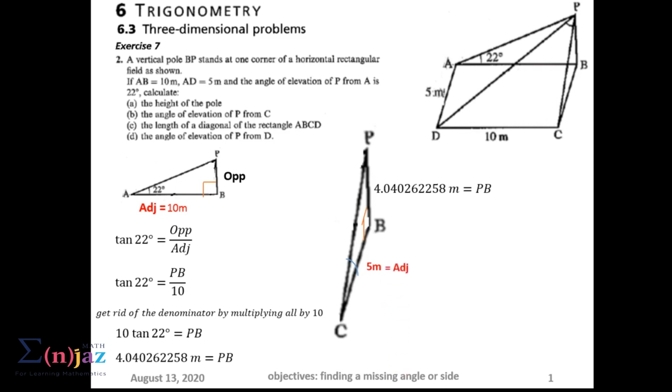The adjacent side of the unknown angle is 5 meter, and the opposite side is 4.04, as per the unknown angle. So, since the opposite and the adjacent are given, we're going to use again the tan rule.